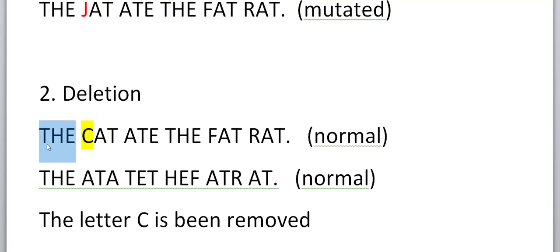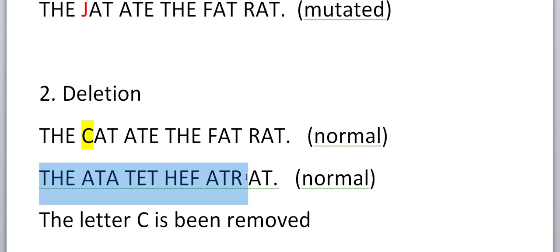The codon consists of 3 nucleotides. When this C is removed, this A comes to here. So all of the codons downstream of the mutation have been changed. So this sentence is abnormal.